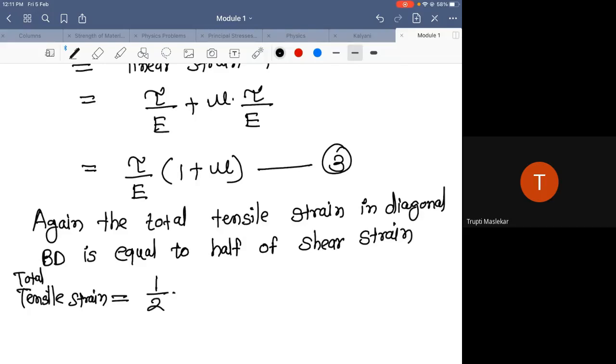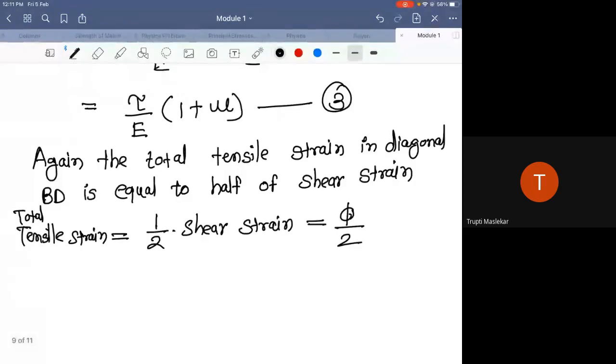1 by 2 of shear strain. And we are using a symbol phi for shear strain. Therefore, I will write here phi by 2. Correct.